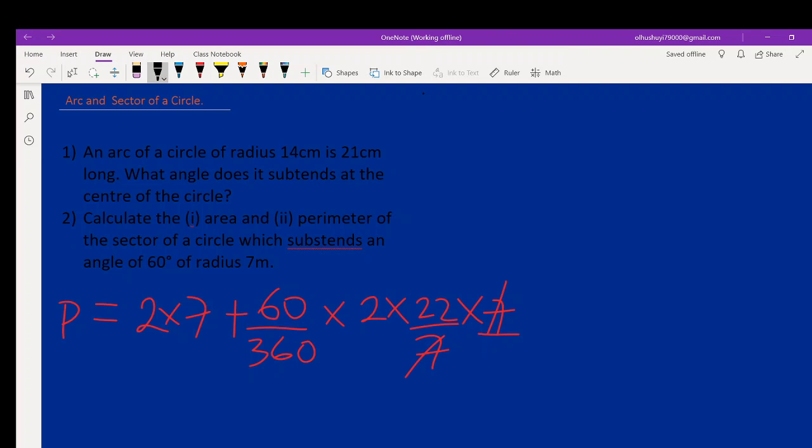Let's continue. Here we're going to have 14 plus, this cancels out this, 6 here 1, 6 here 6. So we have 14 plus 2 here 1, 2 here 3.